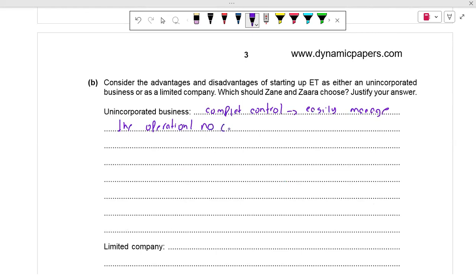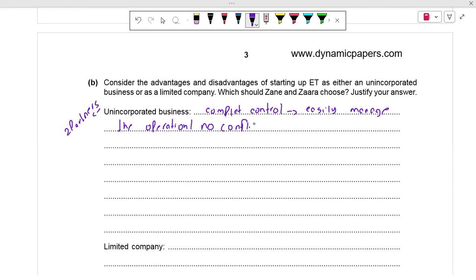Because if we are talking about a limited company, there will be shareholders, your friends and family. But if we are talking about the unincorporated business, we know that there are only two partners in the business. So conflicts in the unincorporated business are always lower than in limited companies.